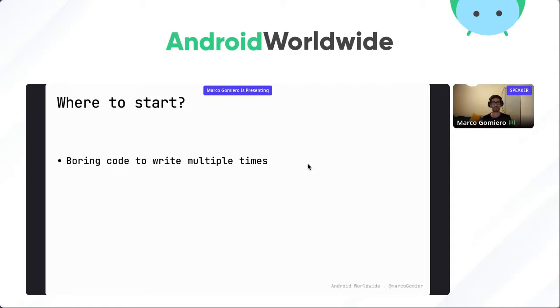For example, we can start from code that is boring to write multiple times, because if a piece of code is boring to write, then it's error prone: we get bored, we get distracted and we make an error. If we write this code once, then we have only one possibility to make an error, not twice or multiple.